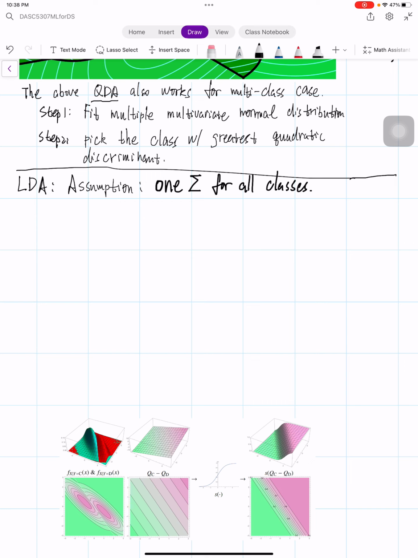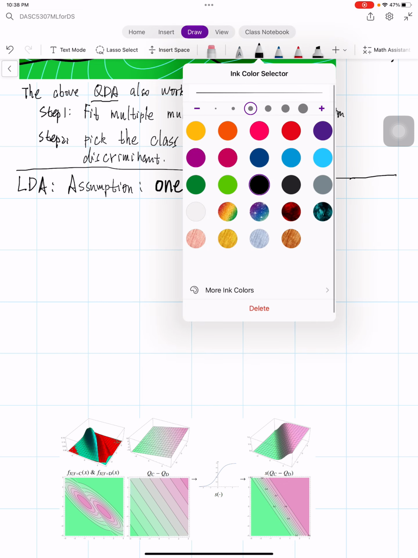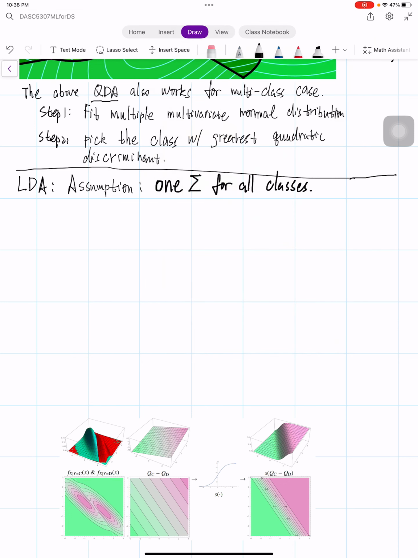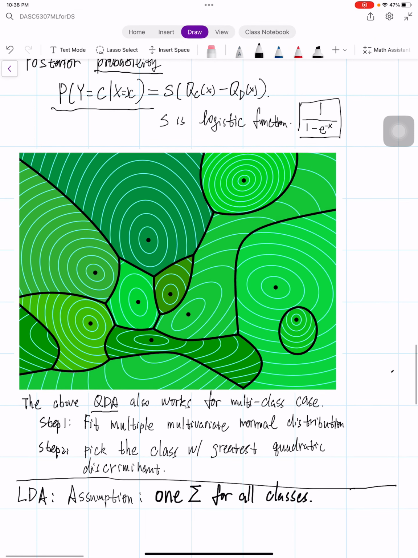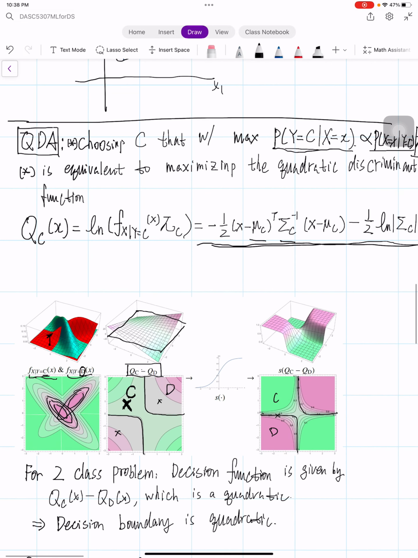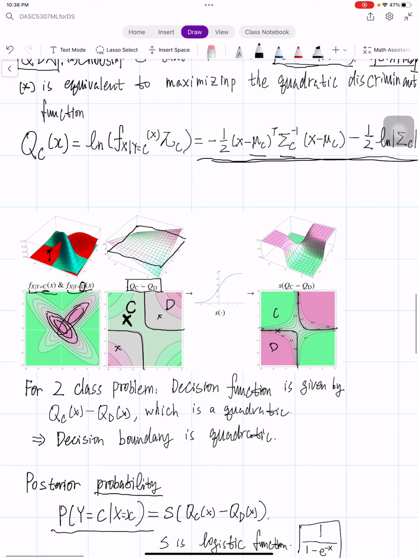And the assumption for QDA is that each class could have a different variance covariance matrix. For example, the correlation between x1 and x2 under this normal distribution is positively associated, and for this other distribution it is negative.